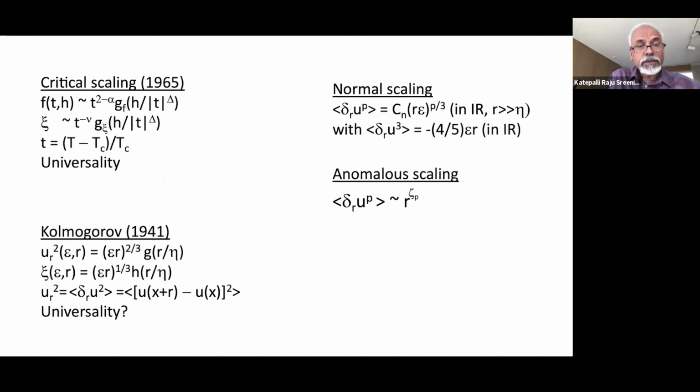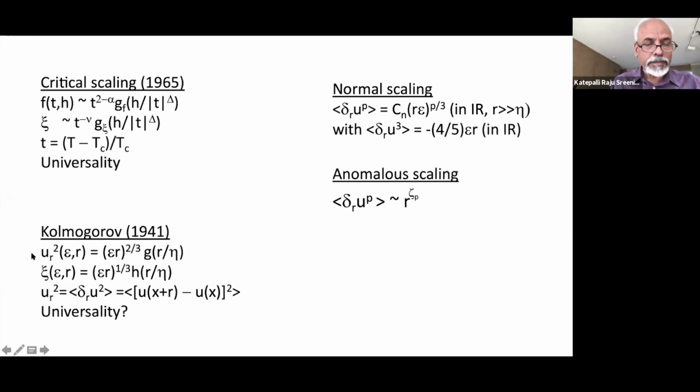Now, I just want to remind you that long before critical scaling became established, which I have written down at the top, at least in the Western world, it was introduced in 1965. But Kolmogorov really had essentially similar things, where the square of the velocity that is relevant to us, the first line here, scales with the flux of energy across scales, and this is the scale size, to the power 2/3 and some unknown function of r over eta, where eta is the smallest scale, so to speak.